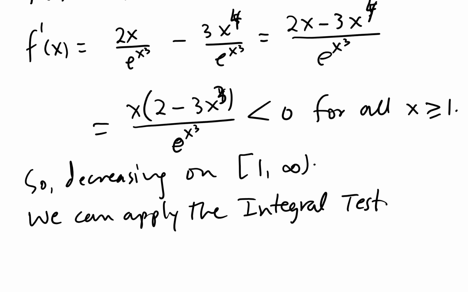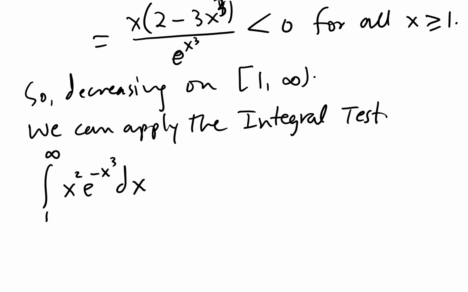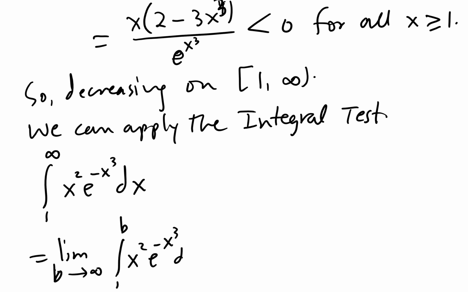And how do we apply the integral test? We need to find the integral from 1 to infinity of x squared e to the negative x cubed dx. And to do that, we need to rewrite this as an improper integral, the limit as b goes to infinity of the integral from 1 to b of x squared e to the negative x cubed dx.